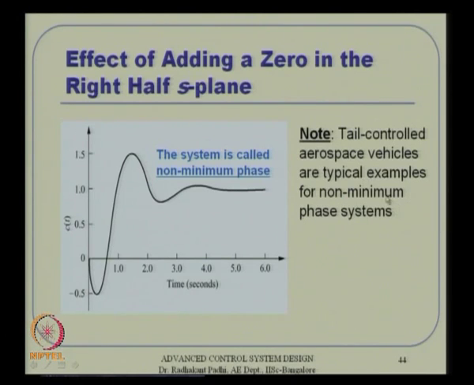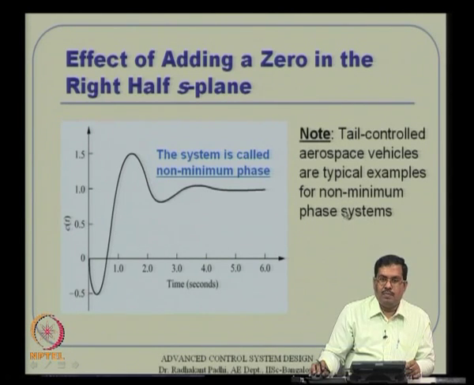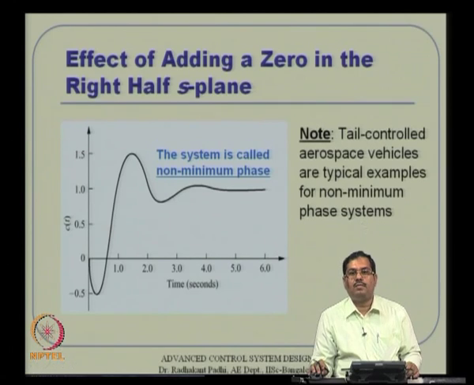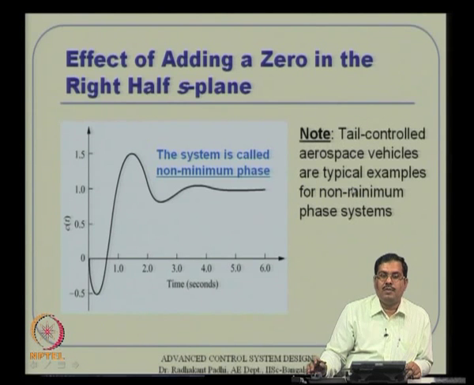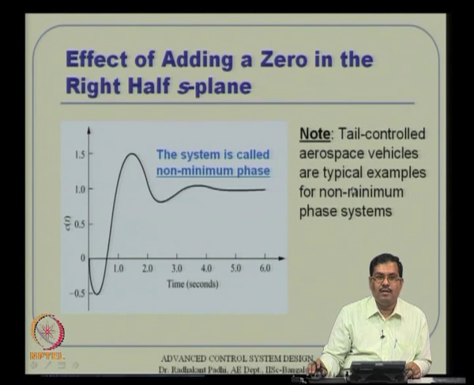Most tail-controlled aerospace vehicles are typically non-minimum phase systems, and non-minimum phase systems play a very important role when we discuss inverse dynamics based control design. If you talk about dynamic inversion or feedback linearization ideas, then non-minimum phase systems are very critical. In other words, the pole will become 0, and the 0 will become a pole; all these ideas we will see later.